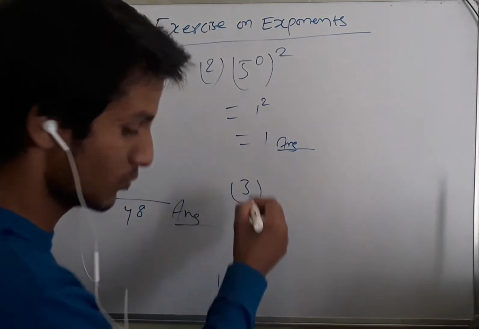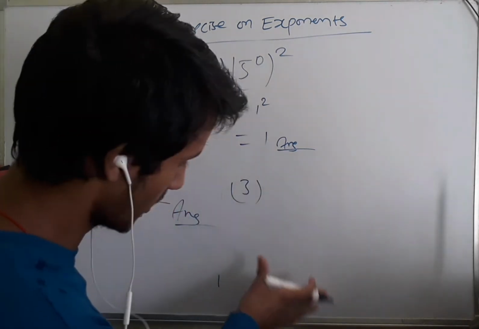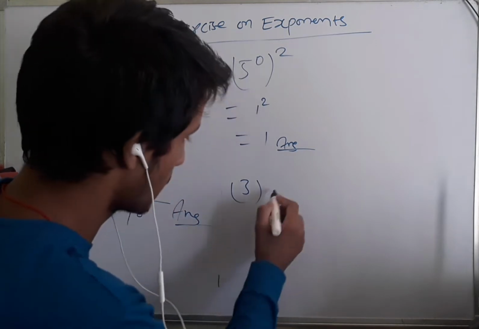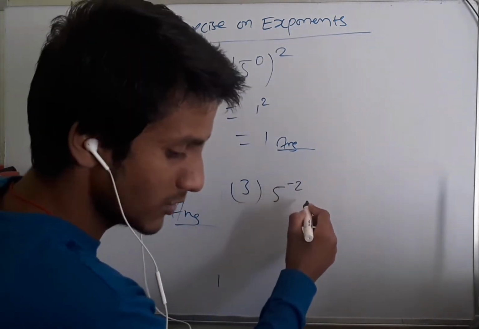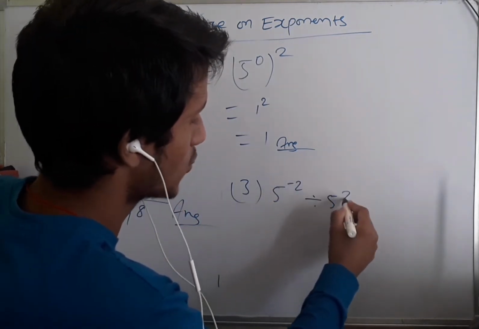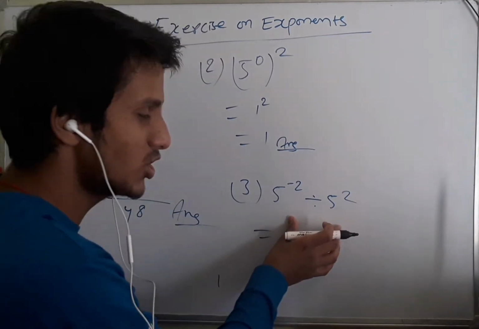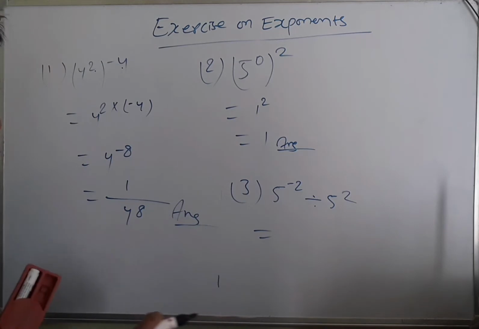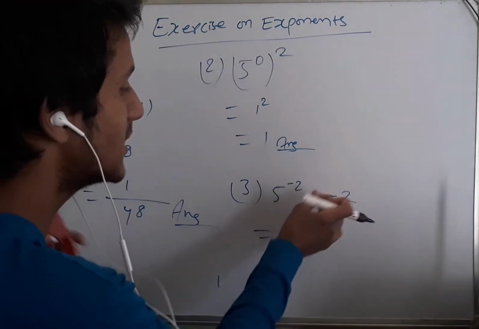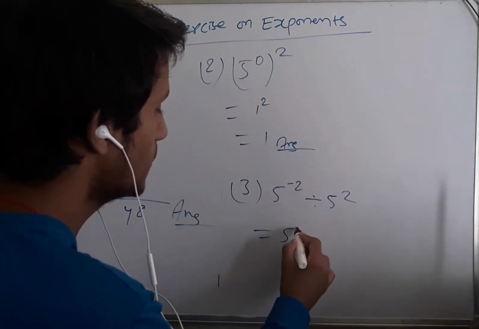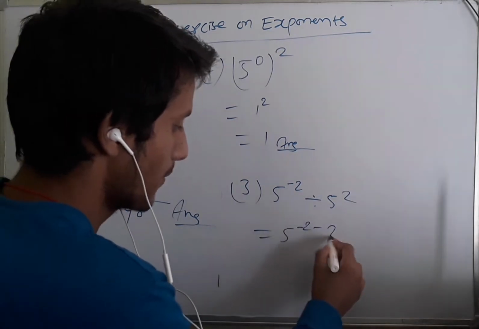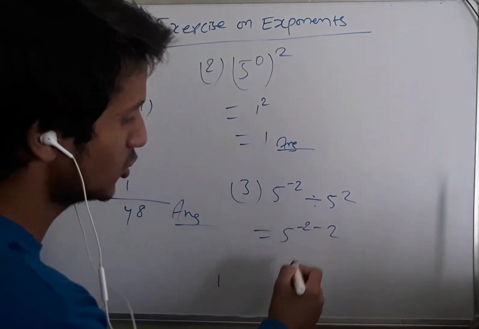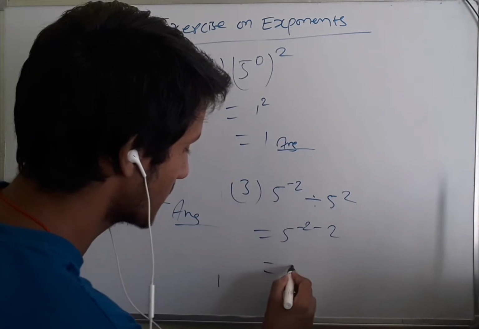Let's start with the third problem. It's 5 to the power minus 2 divided by 5 squared. This is division, and we have the same base, 5 and 5, meaning we have to subtract the exponents. So 5 to the power minus 2 minus 2, the exponents will be subtracted.